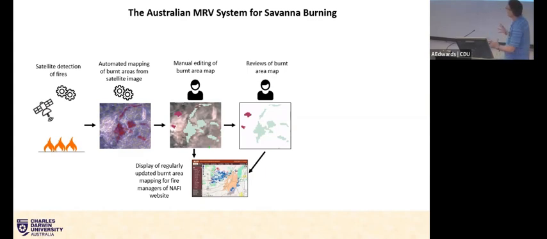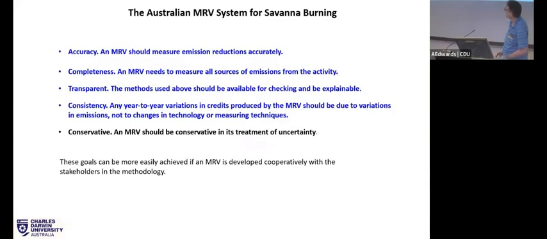And that was going well before the carbon projects came along. But when the carbon projects did come along, we realised that we'd already hit a lot of these criteria. We'd already got an accurate MRV. It was complete across the savannahs, because, as I said, some of these agencies need to know accurate fire scars across the whole of their jurisdiction.